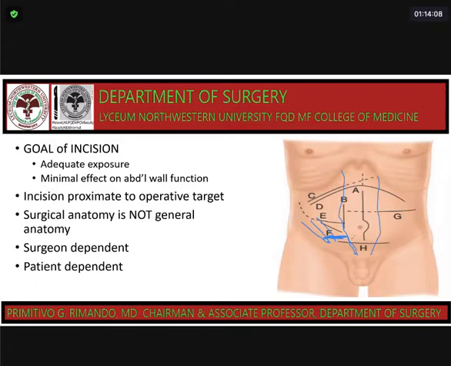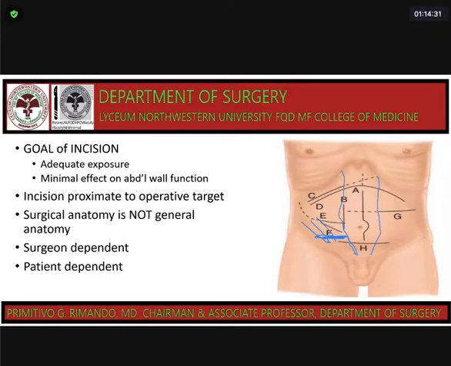So it means you have lesser disruption of muscles. This is called your Rockey-Davis incision. So this is now the modern incision for appendectomies, no longer the Kocher, the McBurney's.